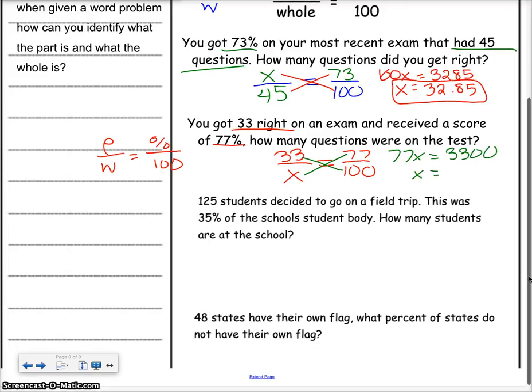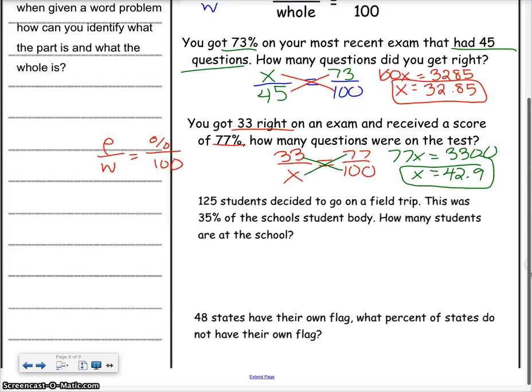X is 3,300 divided by 77 is 42.9 rounded. There are 42.9 questions on this test. Interesting. Do you see the process though? I see a word problem, I see a percent. So I know it's going to be a part to whole.